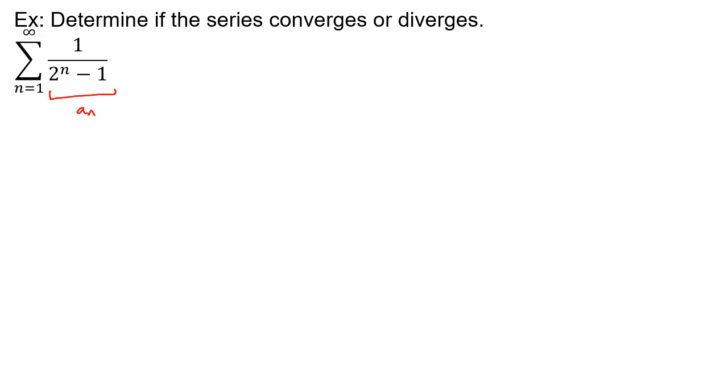So I want to pick a b sub n that I know something about. And so if I drop that minus 1 off, I would have 1 over 2 to the n, which is actually the same thing as 1/2 to the n.